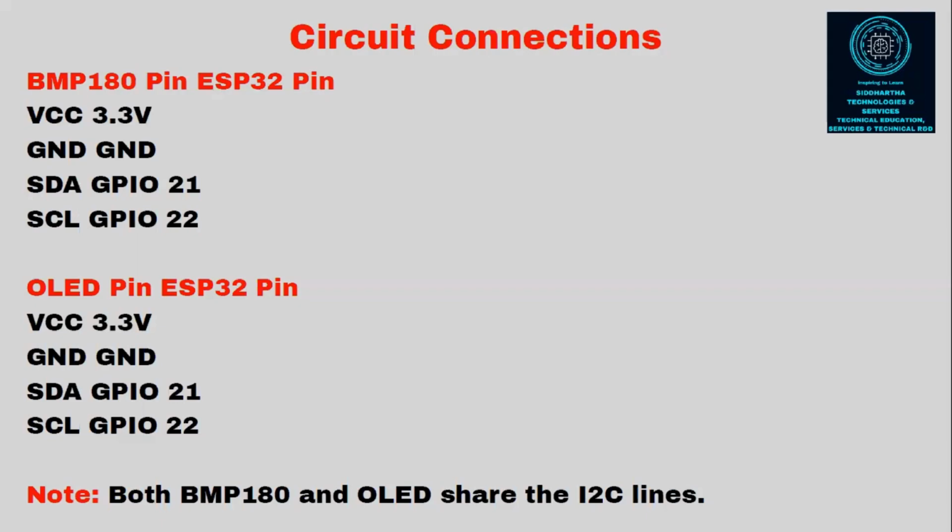Both the BMP180 and the OLED share the I2C lines. You only have to keep these connections in mind, and I will definitely share the code with you. You can do a lot of things; I've given you the idea. So let's go to the lab and check how it is working live.